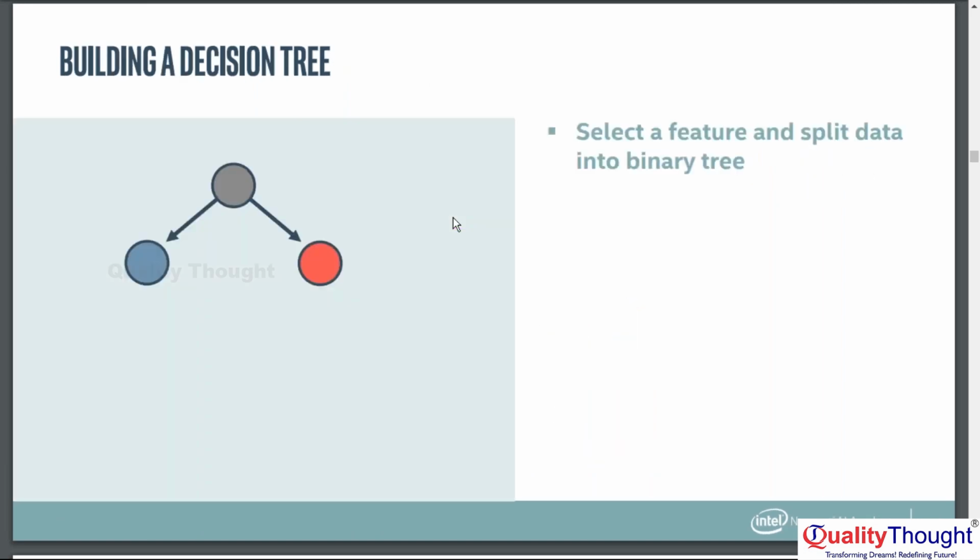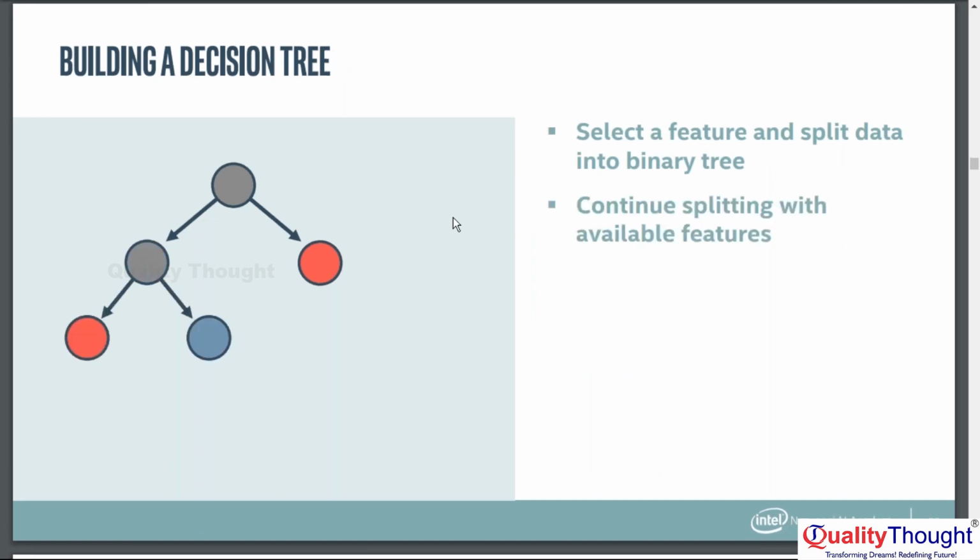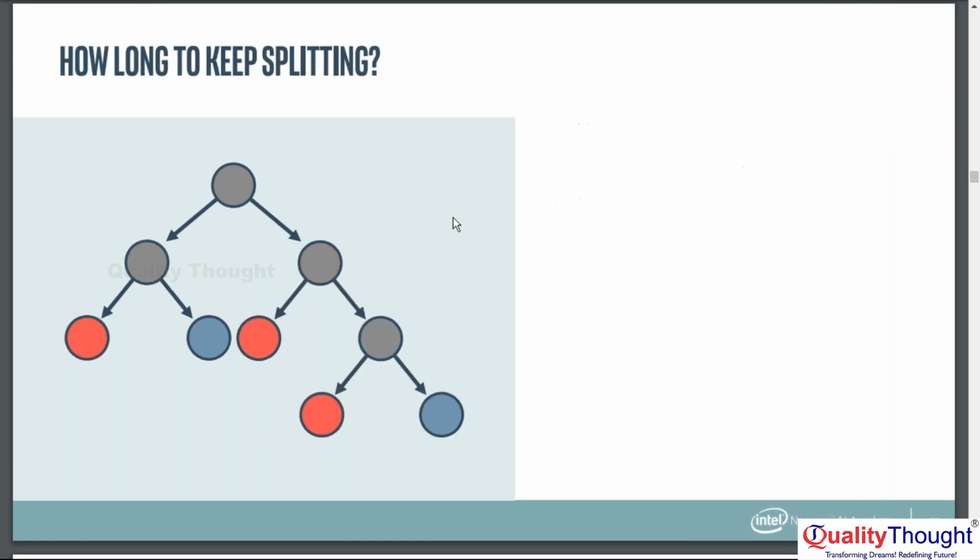Here, how do we build a decision tree? The very first thing is we need to select a feature, and then we split the data into a binary tree, and the splitting continues until we get the outcome. So how long do we need to split the nodes? Unless and until you end up with one result is the important thing to observe.